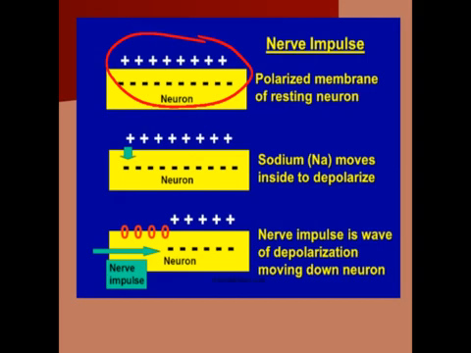Why polarization? Because they have different poles, the positive part and the negative part, and their potential difference is also more. At the polarization state, the nerve cell is in the resting state. So when polarized membrane is present, the neuron or nerve is in the resting state.